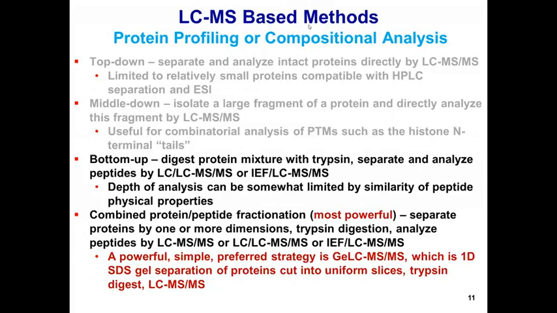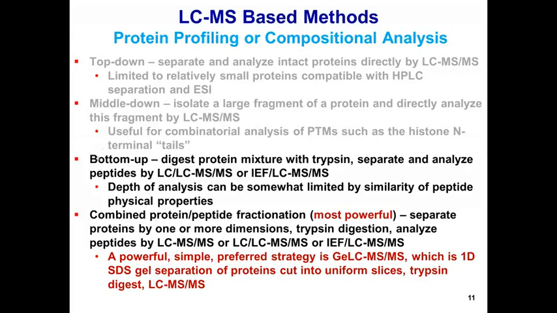The types of methods that we can use for protein profiling or compositional analysis are summarized here. Top-down and middle-down applications are defined, but are relatively specialized and are not as commonly used as the analyses where proteins are converted to tryptic peptides and analyzed after fractionation by one of several alternative methods.